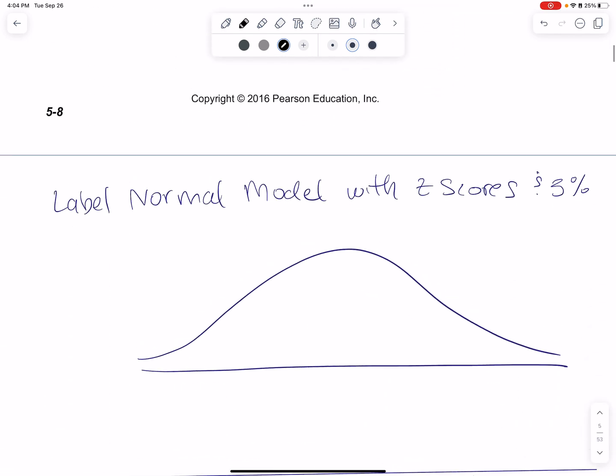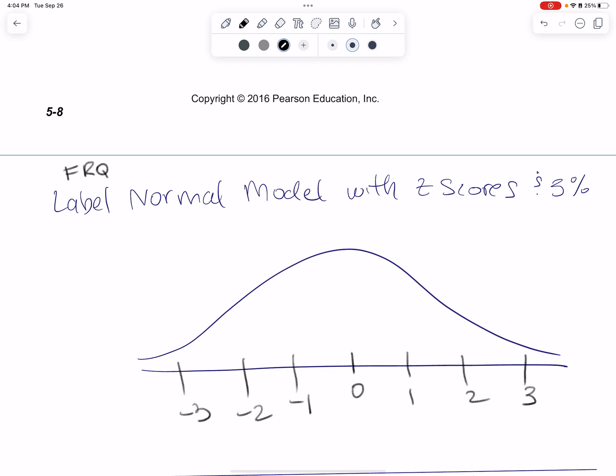Okay, this was the free response section that I gave you to practice, and this is not the exact same question you had, but it's very similar. This is labeled a normal model completely with z-scores. The z-scores are 0, 1, 2, 3, -1, -2, -3.